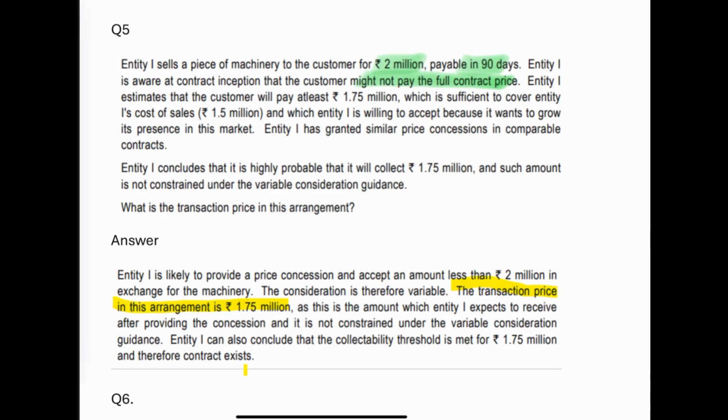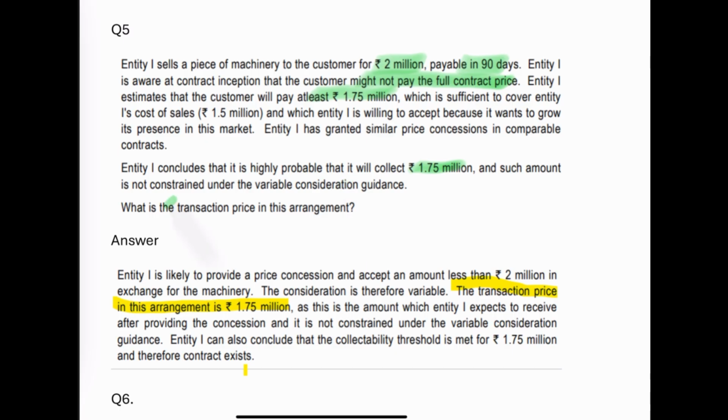Entity I estimates that the customer will pay at least 1.75 million against the 2 million, which is sufficient to cover the entity's cost of 1.5 million, and which entity I is willing to accept because it wants to grow its presence in the market. Entity I has granted similar price concessions in comparable contracts. So entity I concludes that it is highly probable that it will collect 1.75 million only, and such amount is not constrained under the variable consideration guidance.